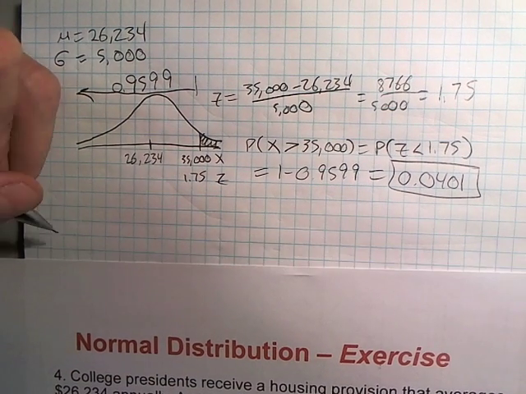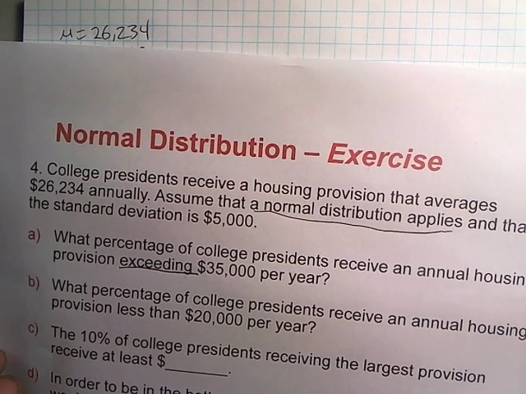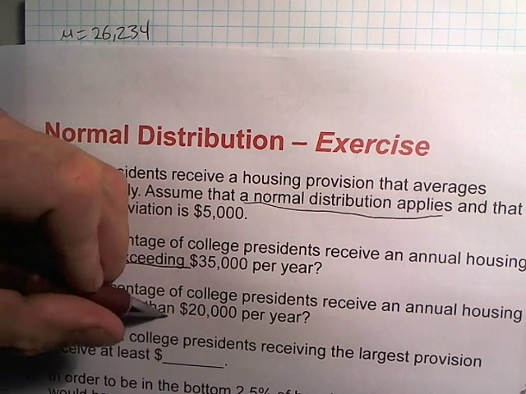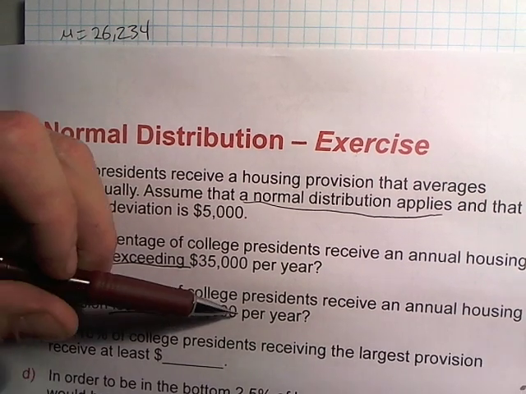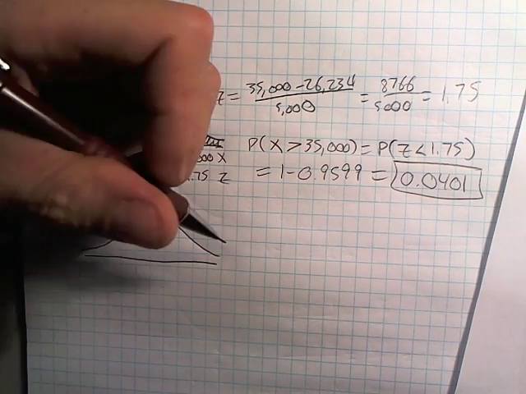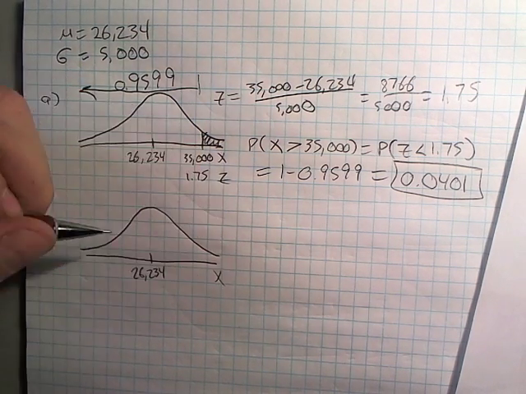All right, moving down here to part B. Part B wants to know what percentage of college presidents receive an annual housing provision less than, keyword, $20,000 per year. So first thing I'm going to do, sketch that out. My mean always stays the same, 26,234.